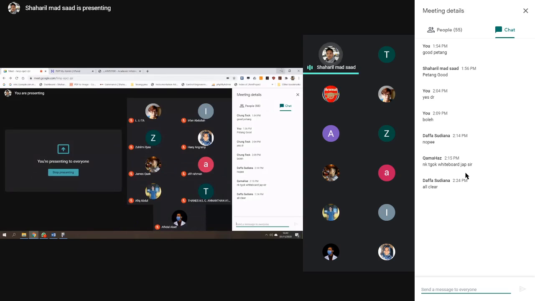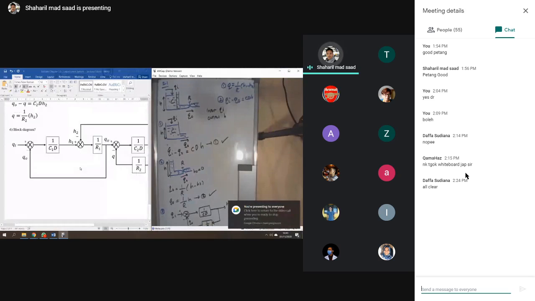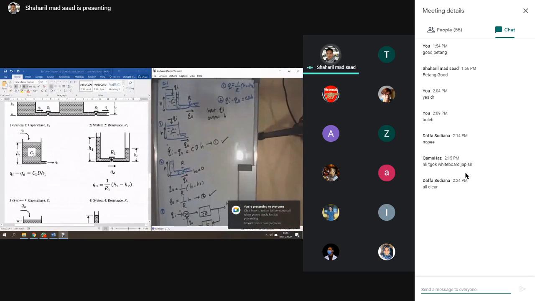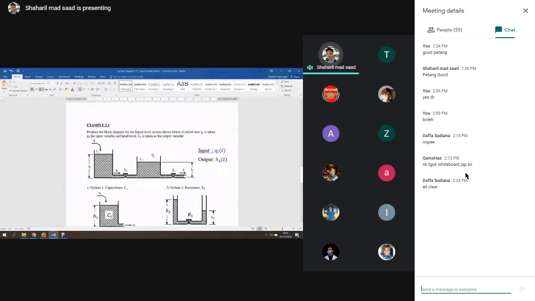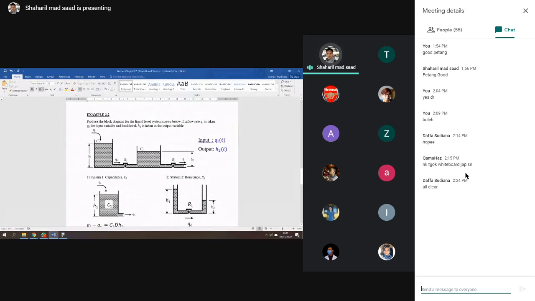No. Okay, so let's look at example 2. Okay, example 2.2. So we can go through this solution here. Okay, find the block diagram for the liquid level system shown below, if the inflow rate Qi is taken as the input, and the head or level H2 as the output variable.